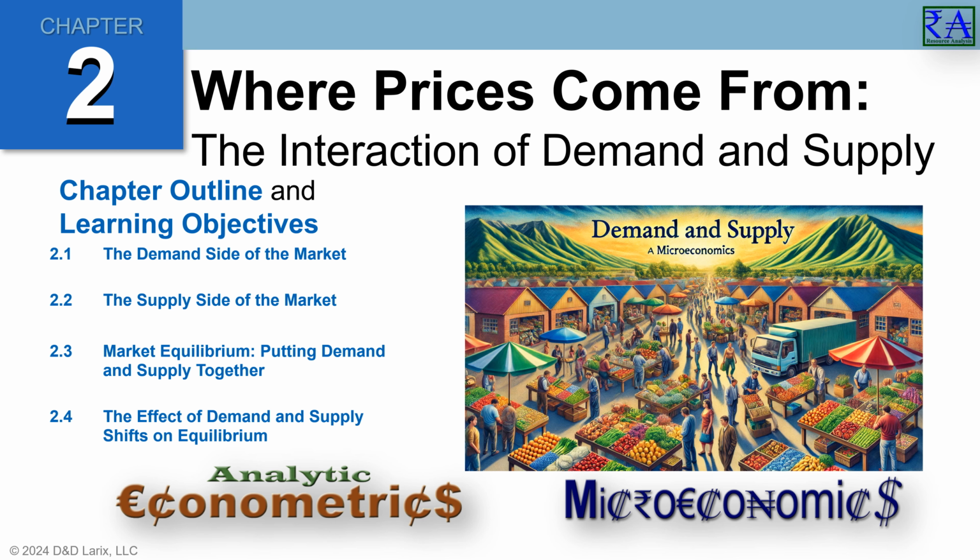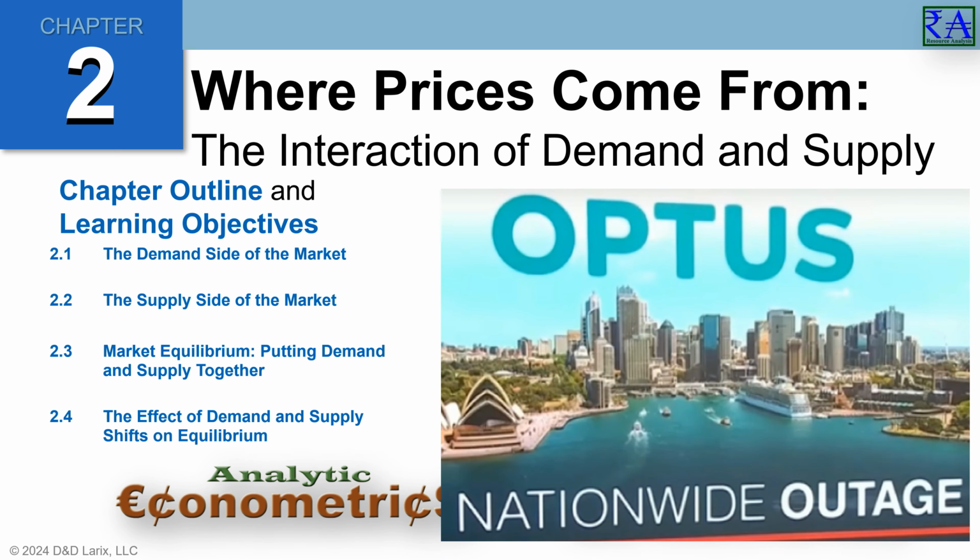Now, to ground these concepts in reality, let's consider a recent example. The Optus outage in November 2023. This event highlights what happens when supply, the availability of essential services like phone and internet, suddenly contracts. But demand remains constant or even spikes.